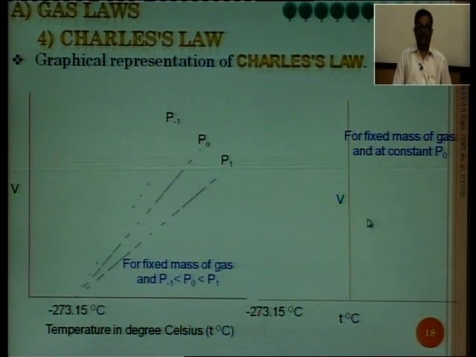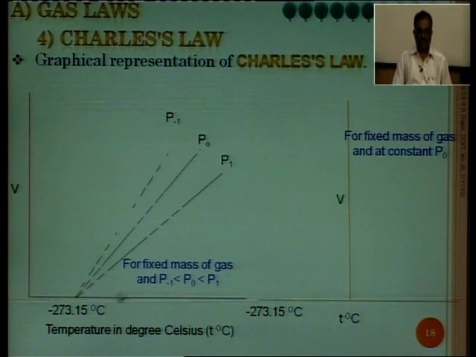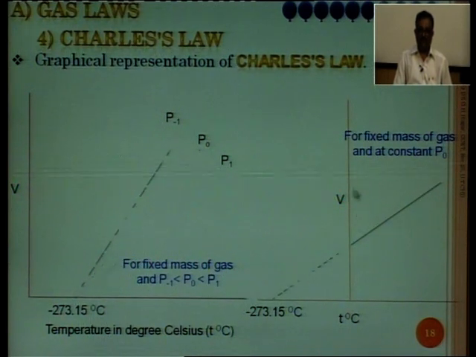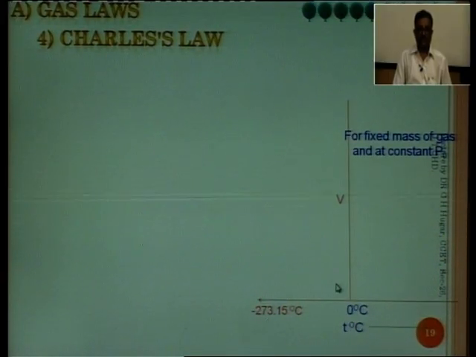Okay. So, now this is also a very important graph that you see. When we plot the graph of volume versus temperature for a fixed mass of a gas at constant pressure, see volume increases with increase in temperature, and it is noticeable here that at 0 degree Celsius the volume of a given mass of a gas at constant pressure is not equal to 0.